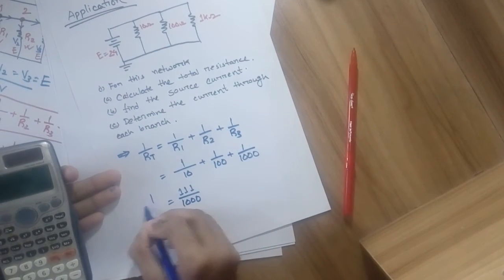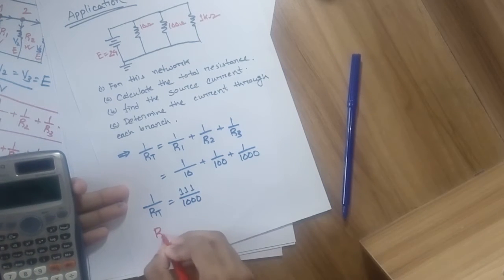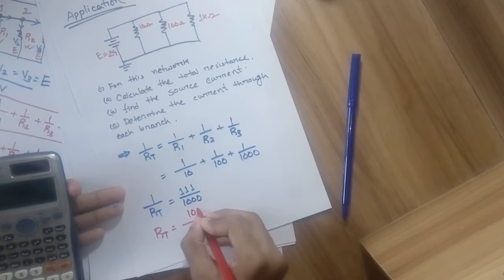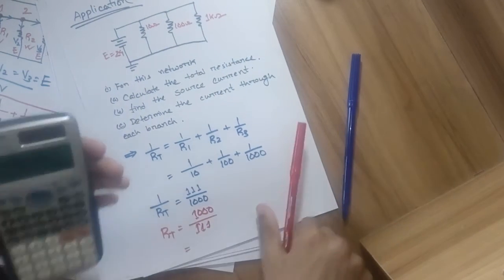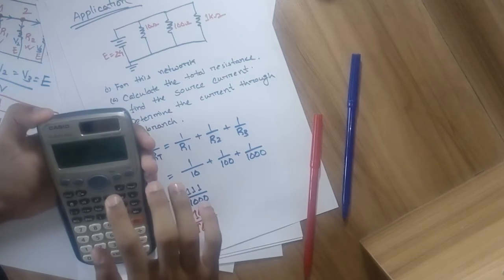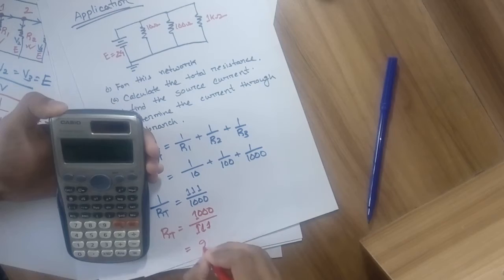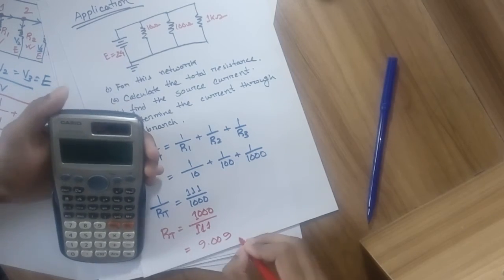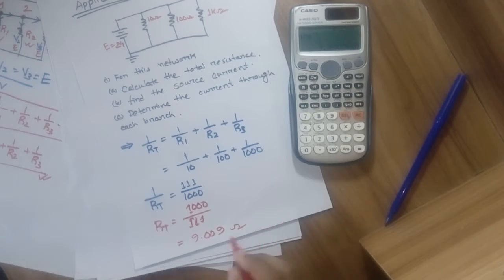Now as you can see, this is the 1 over RT. If we want to find RT, it's an easy mathematical problem: we take the inverse, which is 9.009 ohms. We got the total resistance.